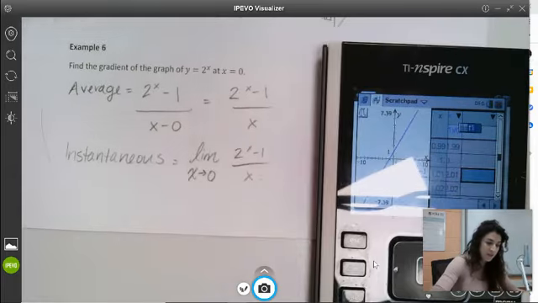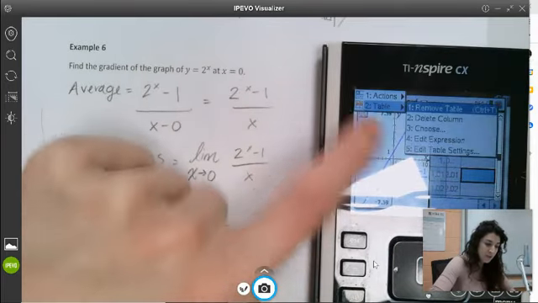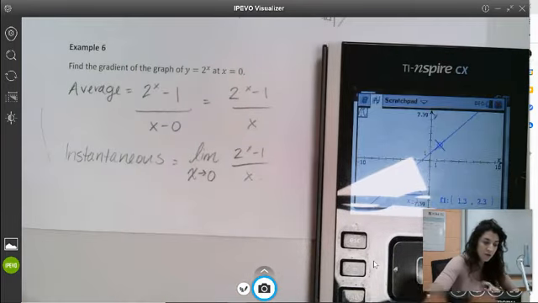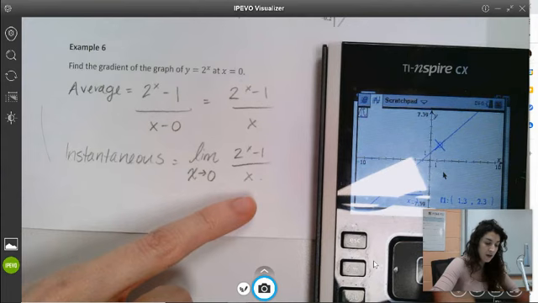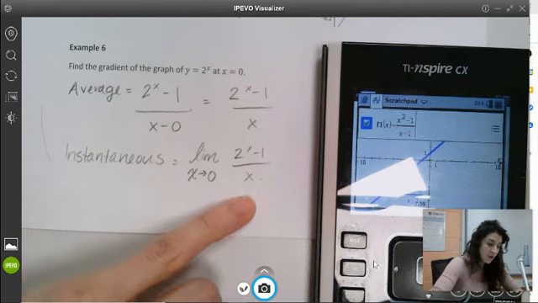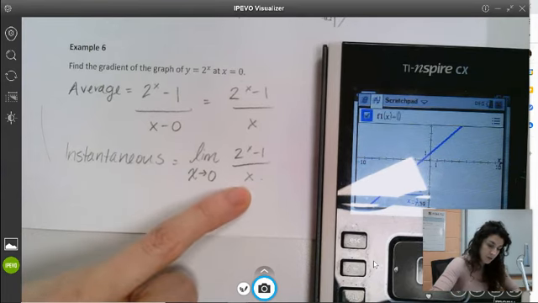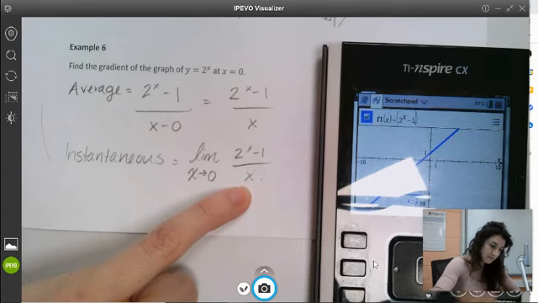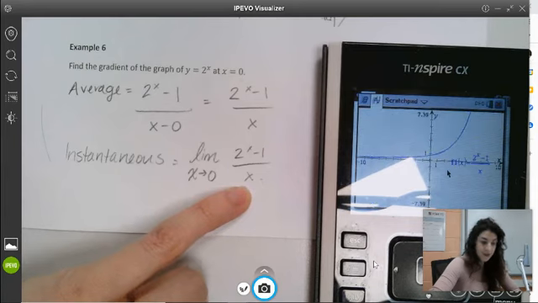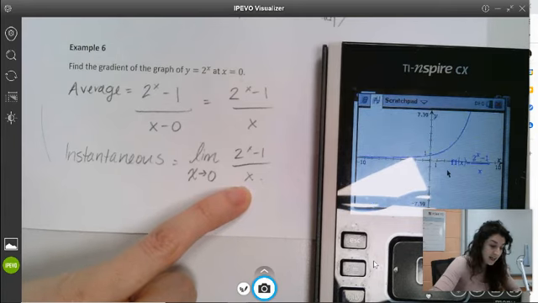So we can use our calculator. If you press menu, table, you can remove the table for now so you can have a look at this whole graph. You can go back in and regraph it: 2 to the x minus 1, divided by x, and it looks something like that.